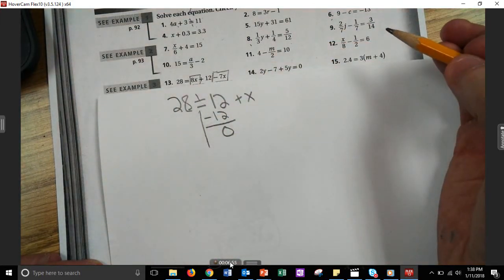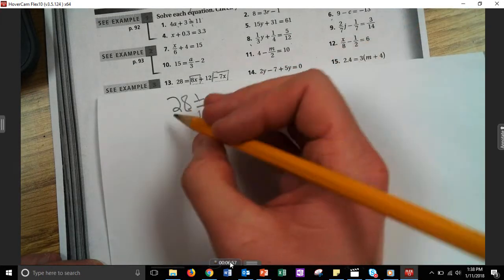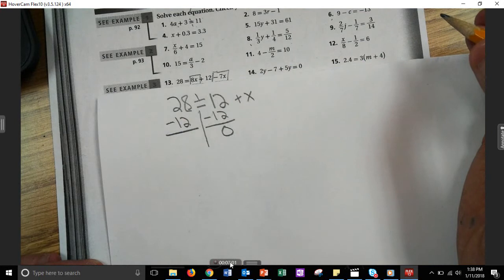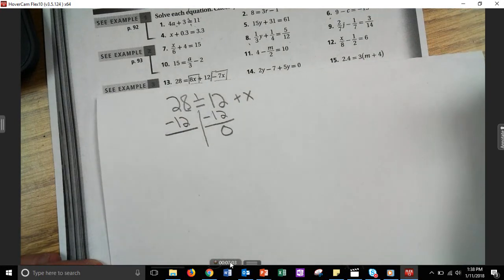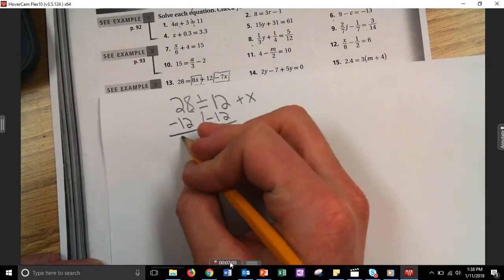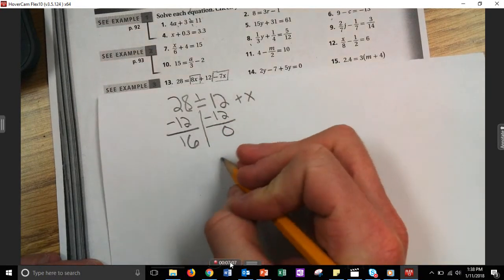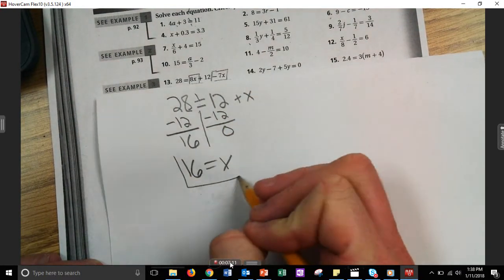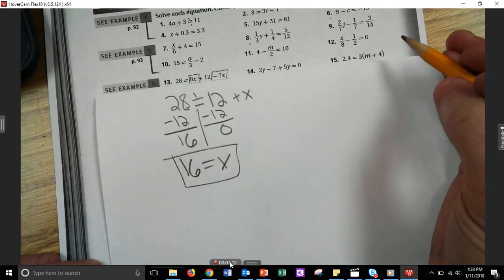What we do to one side, we gotta do the other. We gotta balance it out. So now we subtract 12. 28 minus 12 is 16. So now we have x equals 16. And we have our final answer, just like that.